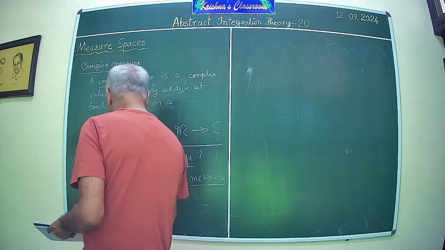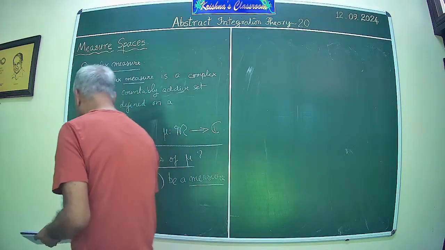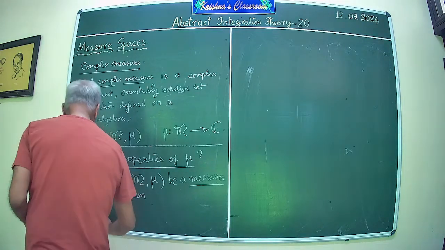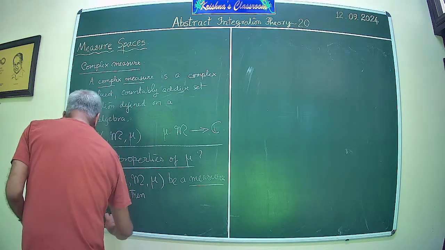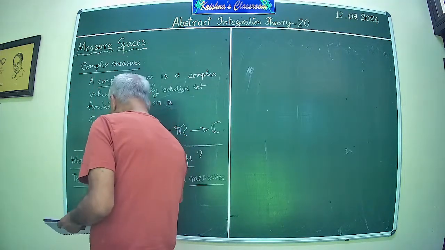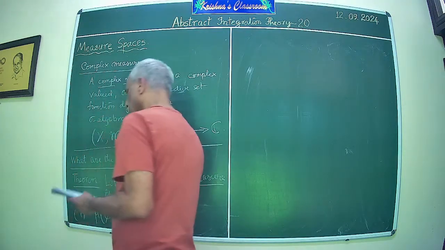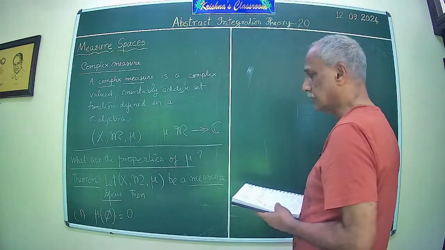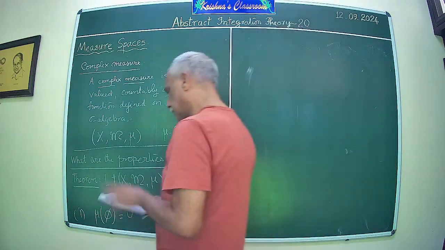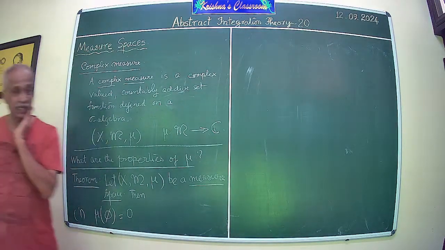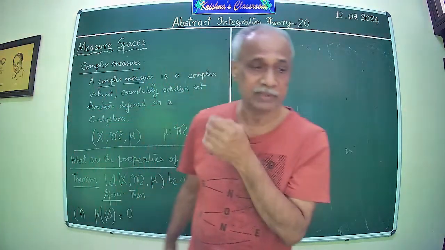Then we have the following. First one is the measure of the empty set is zero. Because you know that if script M is a sigma algebra, then it contains both X and its complement, namely the empty set.